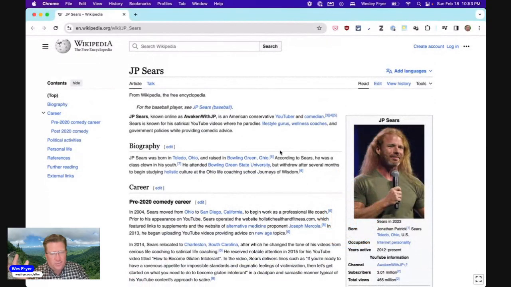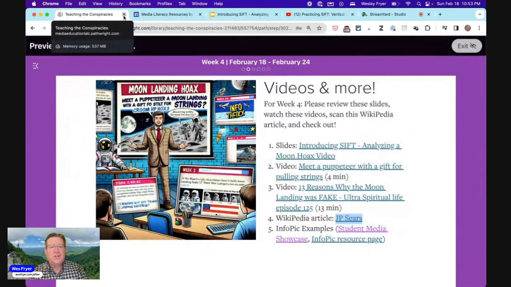Not everyone has a Wikipedia article about them, but sometimes people do, and so we can use that in order to get more information about somebody, and especially in this case, determining if that person is someone we should consider credible for a topic like whether the moon landings occurred and if they are true or not.